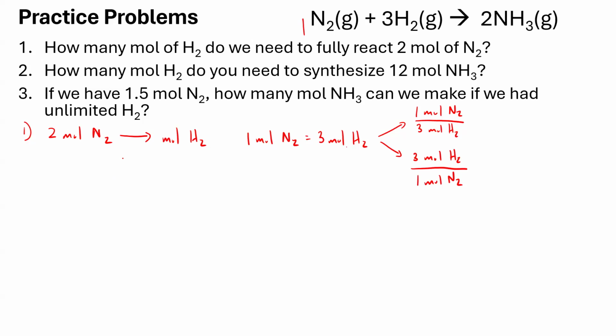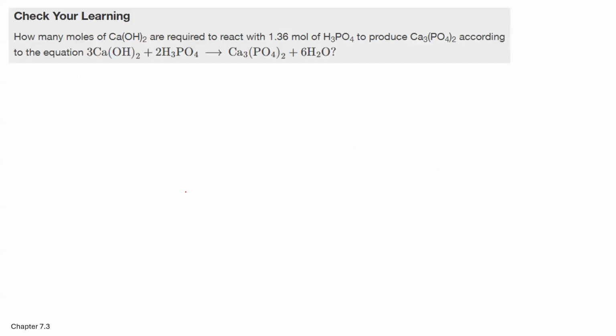All right, let's try it. So we have 2 moles of N2. We want to figure out H2, so we need N2 on the bottom, which is going to be this one. So we're going to use that one. It's going to be 3 moles H2 to 1 mole of N2.